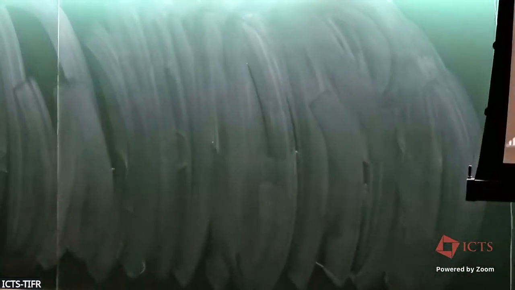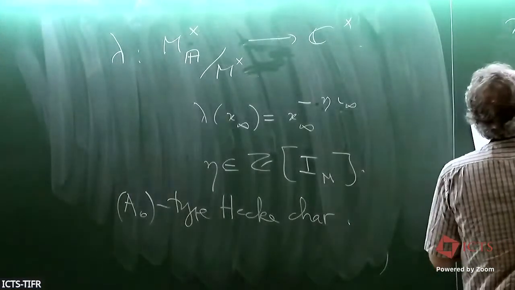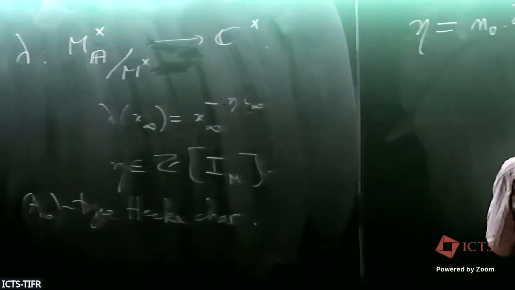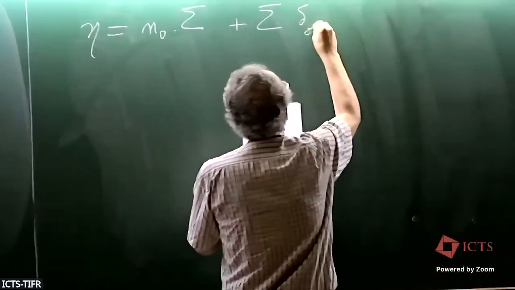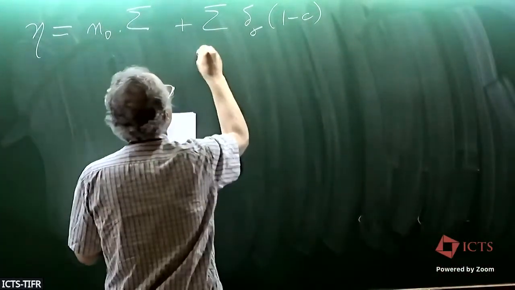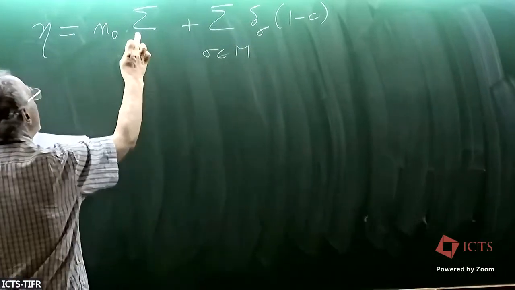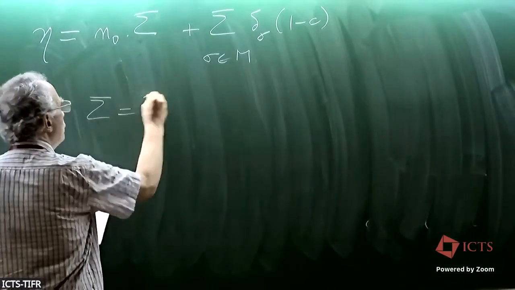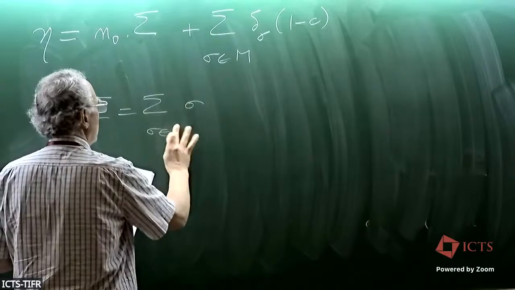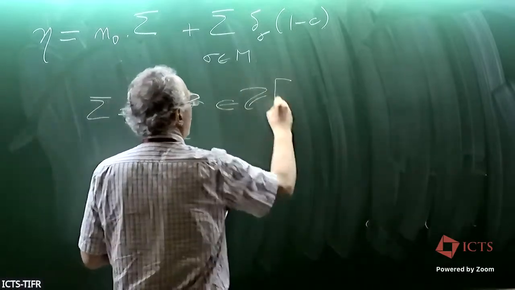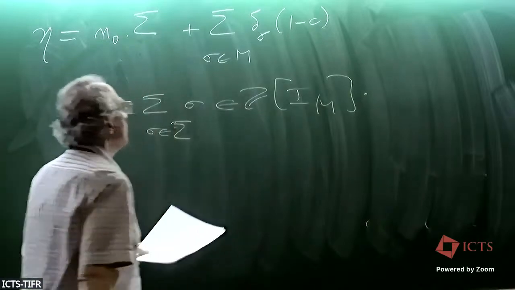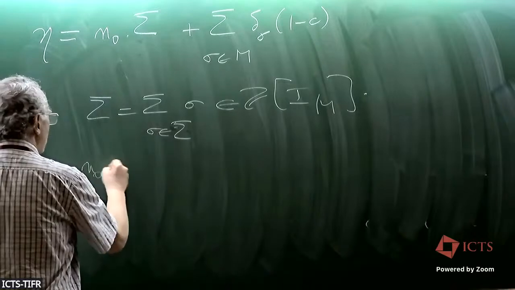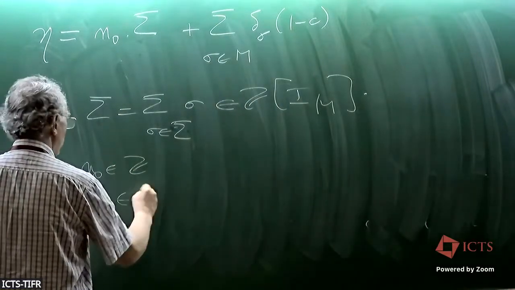It must be of the following form: some integer n0 times sigma plus the summation of delta sigma (1 minus c) for sigma in Sigma. This notation is an abuse of notation. Sigma is now viewed as a linear combination of embeddings inside Z[I_M]. So it must be of this form where n0 is an integer and the delta sigma are integers.